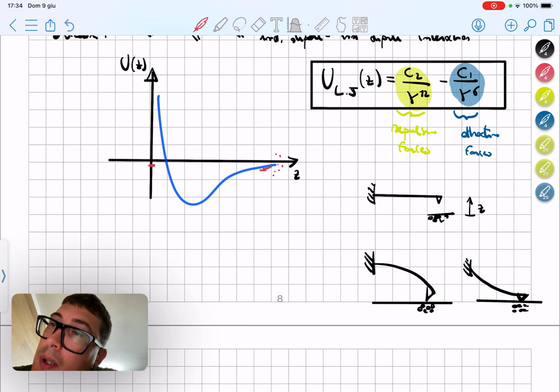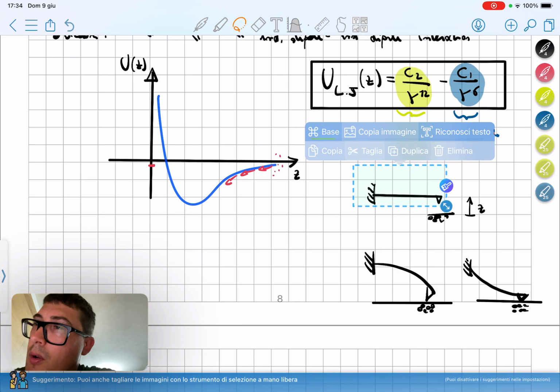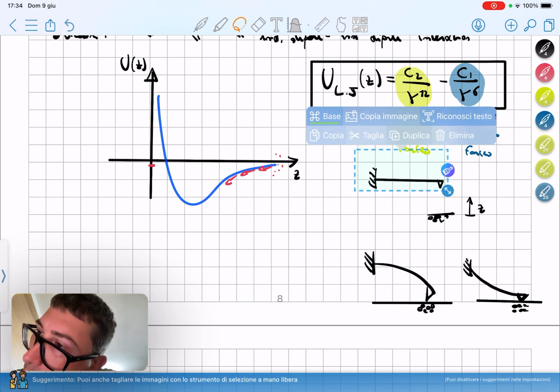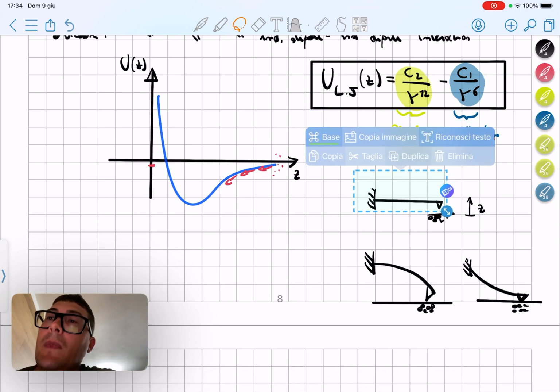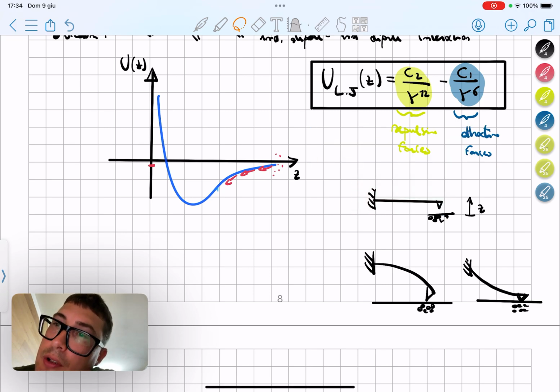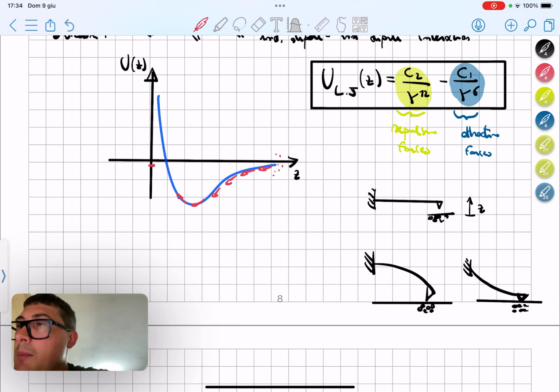But as soon as we get closer to the sample, we started from here and get closer and closer, we reach a certain point in which there is a change of trend, and the forces become repulsive, like in this case.